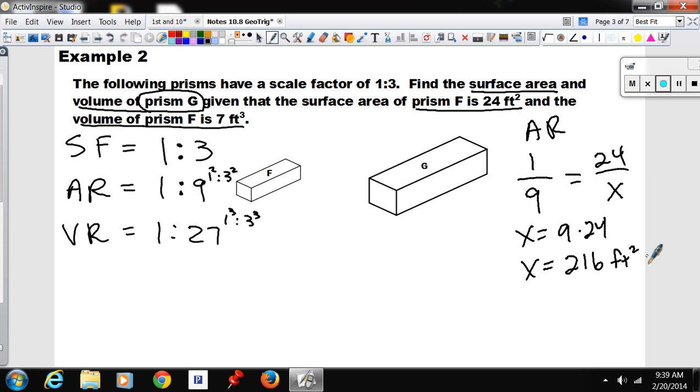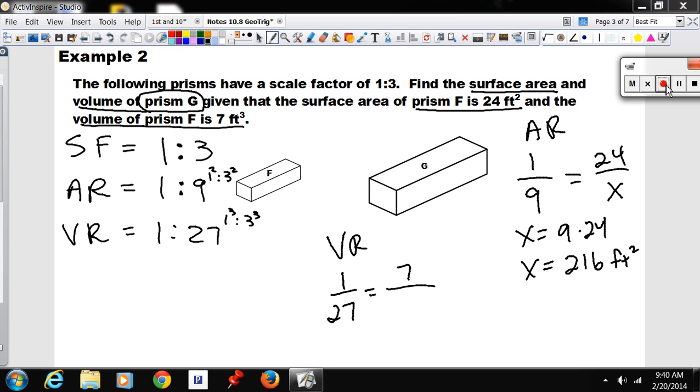So that's how you do the area ratio. What about the volume ratio? What do we have to have for volume? Has to reduce to what fraction for volume? 1 over 27. I already know that my little volume is how much? Little volume is 7. So I need to find my big volume.